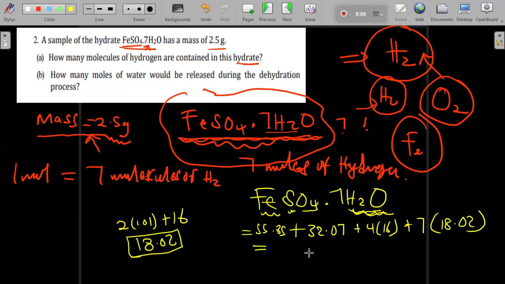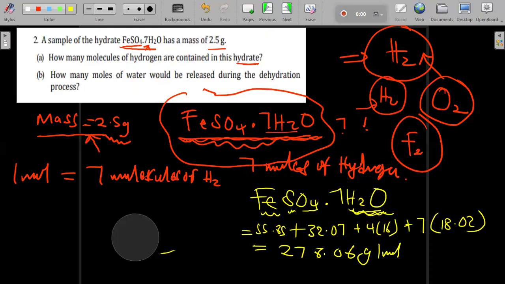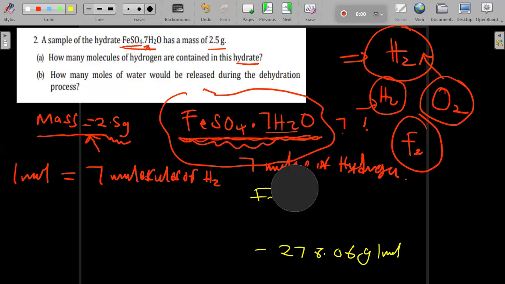So plus 64. And then plus 7 multiplied by 18.02. When I do that, I'm finding my molar mass to be 278.06 grams per mole. This here will be my molar mass for this compound that I can see on top there. So let's erase some of these things here.